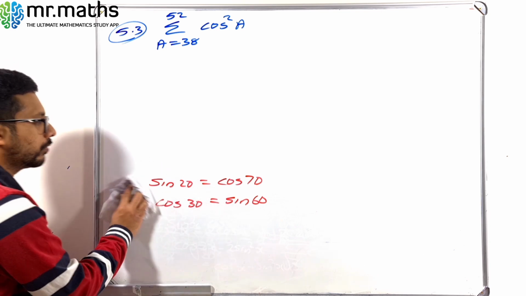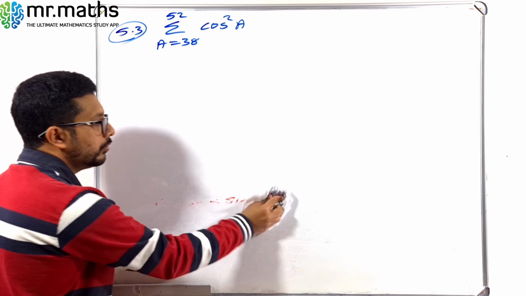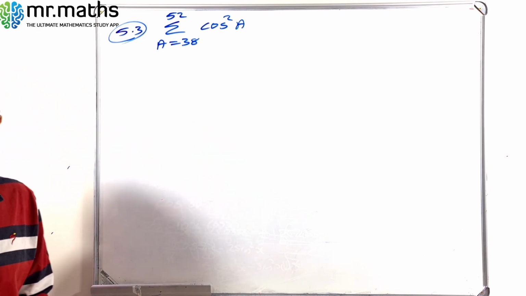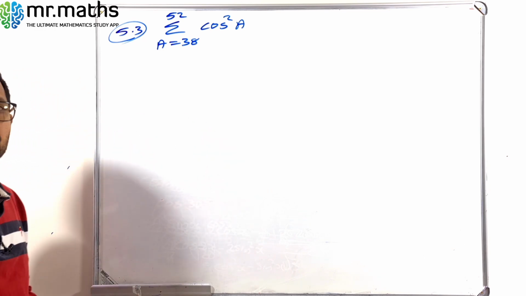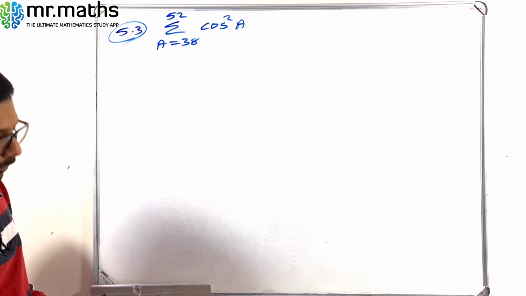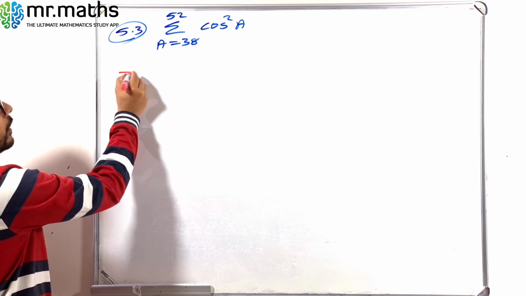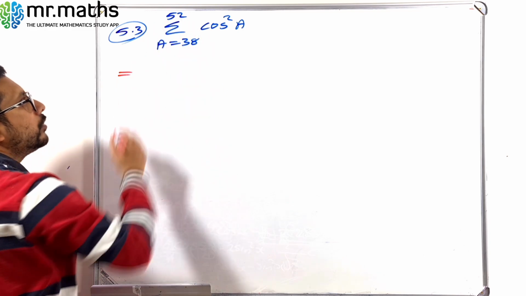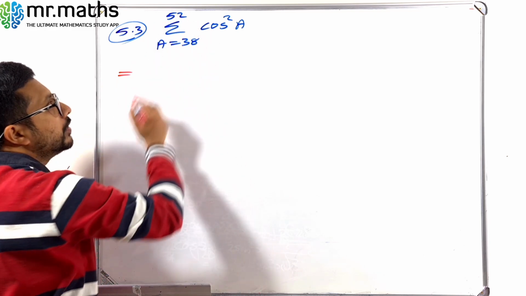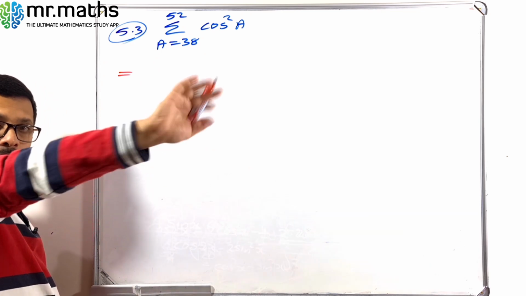Now come back to our question. To convert into sine or cos, you have to subtract 90 minus that angle, then you will get it written in the other trigonometric function. Now look at this one. A is equal to 38 to 52, sigma means sum. From 38 to 52. So I'm going to write the whole of that thing.